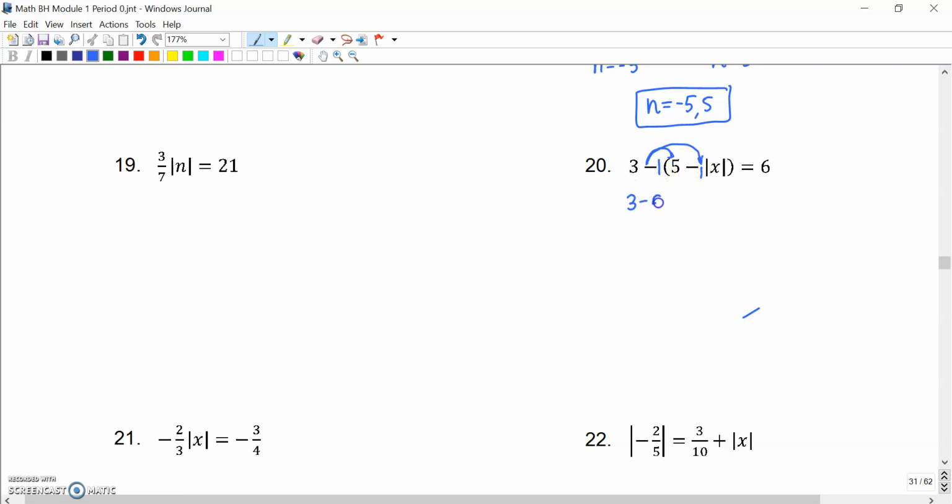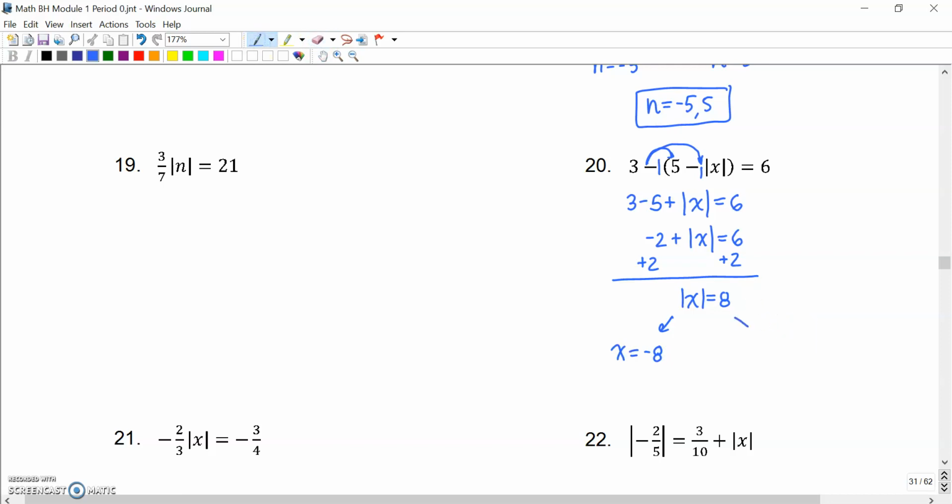We get 3 minus 5 plus absolute value of x equals 6. Negative 3 plus 5 is negative 2, plus the absolute value of x equals 6. We'll do additive inverse. This problem does not have multiplicative inverse. And we split. And now we drop the bars.